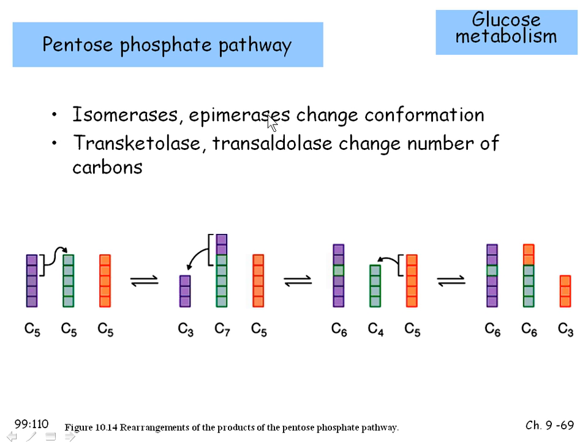There are isomerases and epimerases that can change one 5-carbon sugar into another one, or one 3-carbon sugar into another one. So the isomerases and epimerases work with the same chain length, but rearrange it within that chain. And then 2 other cute enzymes called transketolase and transaldolase can actually lengthen or shorten them.